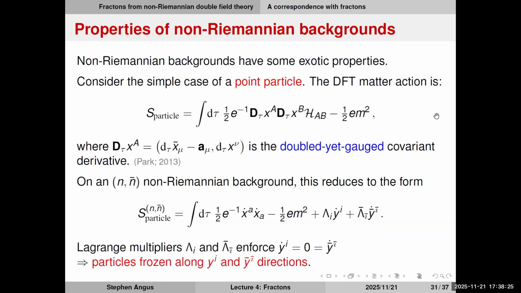Once we impose the section condition, we pick out this part, and normally we just get the usual point particle action, which would give us the inverse metric, G mu nu, dx mu by d tau dx nu by d tau, or something like that.